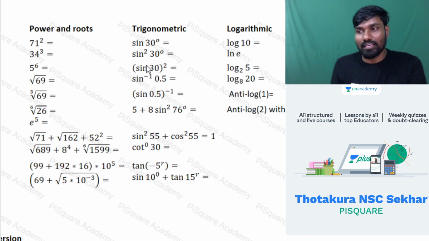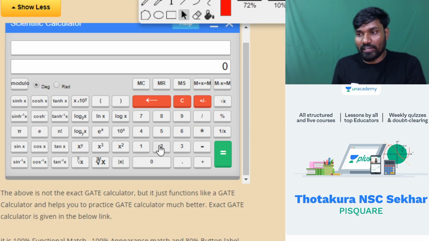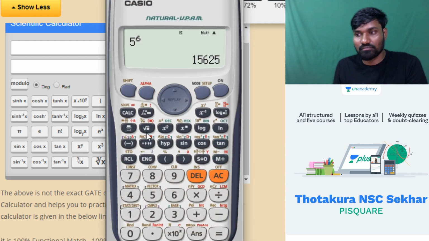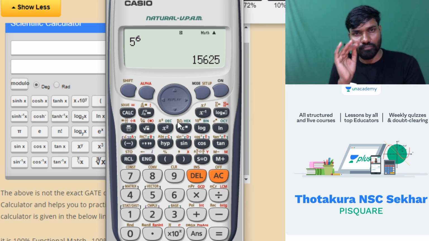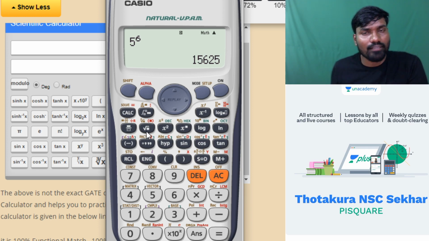Next one, cube root of 69. Identify the cube root. Yes, there is a cube root directly here, so use it. In the regular calculator also, whenever you see x there, x first. If you don't see x, that's a different issue. Here for this root, do you have x?